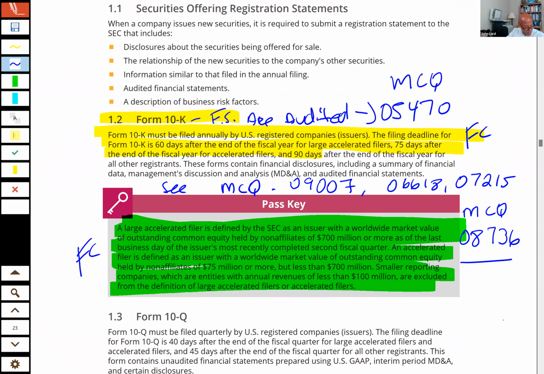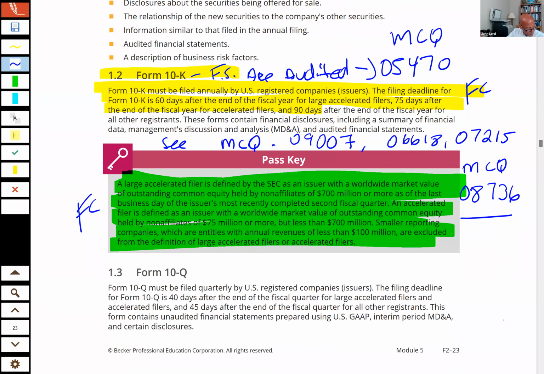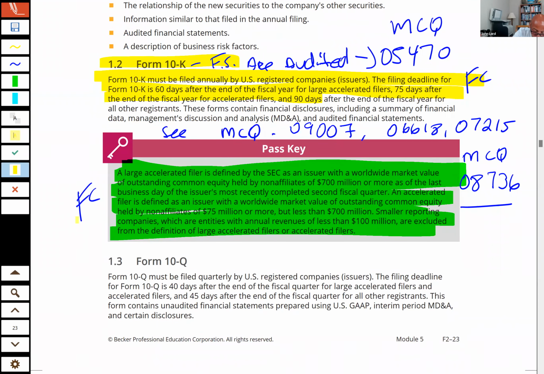Okay, now a Form 10-Q is the quarterly statement that must be filed by public companies with the SEC, and again, they give us the time frames for that. Flashcard that 45 days, whatever, and that is tested in question 08721.